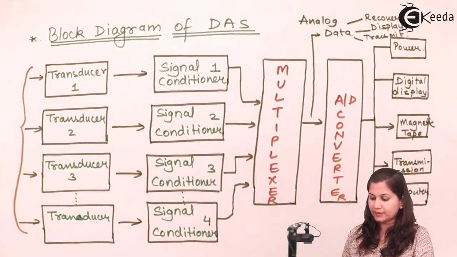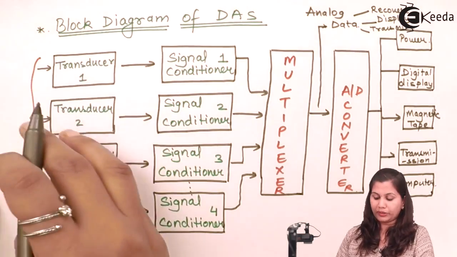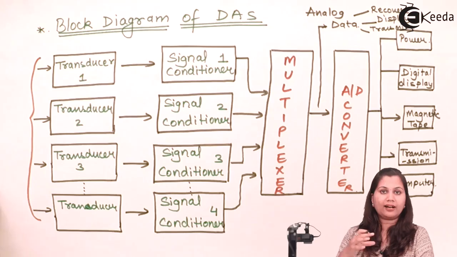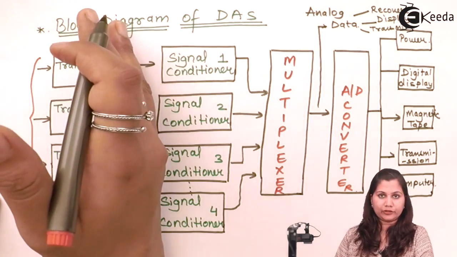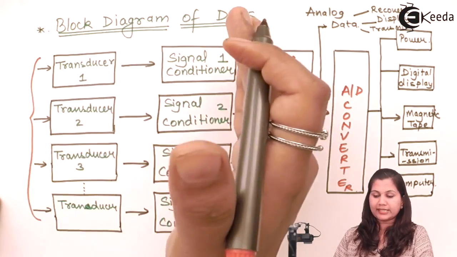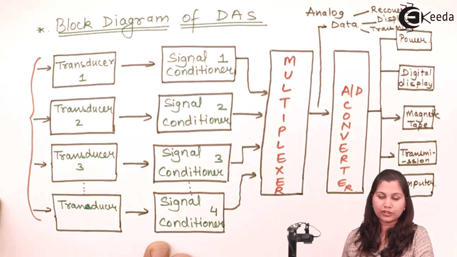So in the block diagram of the data acquisition system, we studied that the transducers acquire the data, collect or capture it, then convert it into electrical signals. Those electrical signals will be processed or conditioned by the signal conditioning unit.